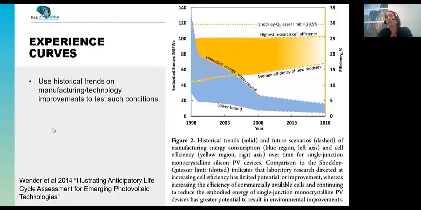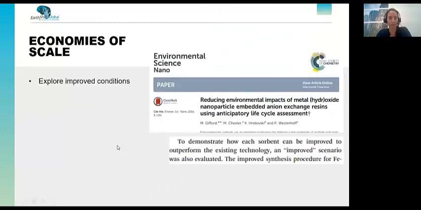So they change more than one performance parameter, and they're calling it an improved scenario. You can call it a best case or an optimum case, and you can have multiple of those. You can have like a progression. And in fact, this progression, some studies categorize as lab.